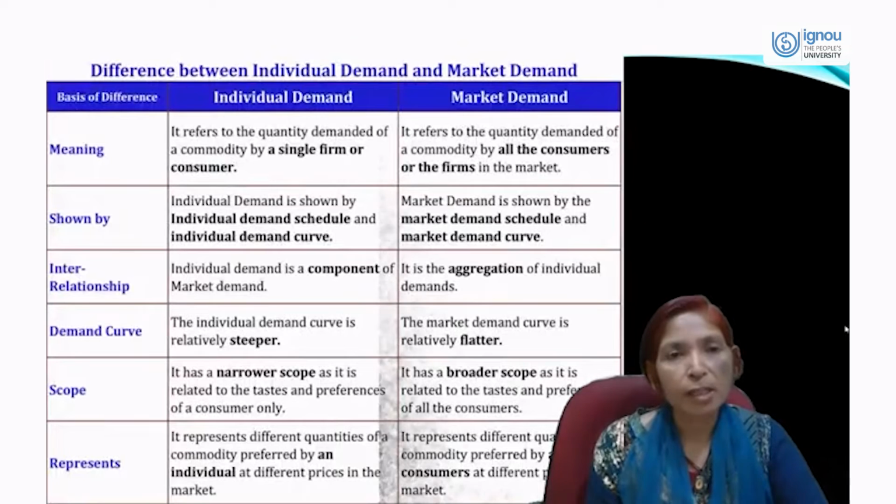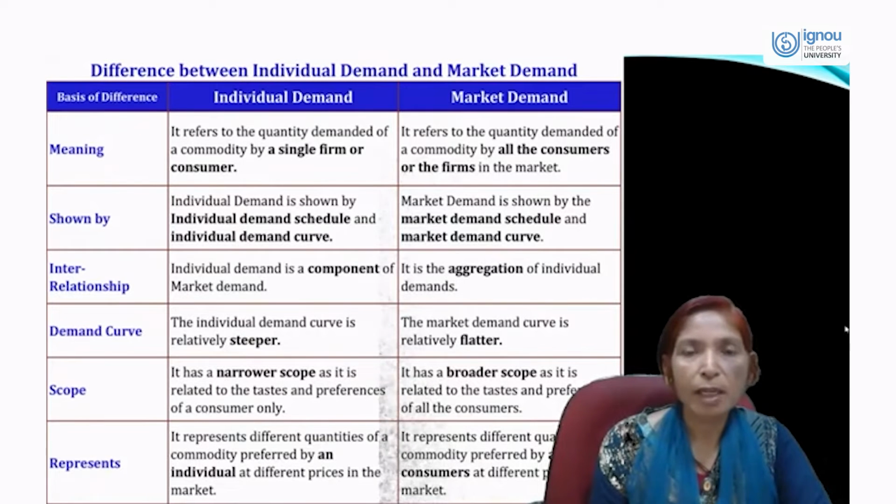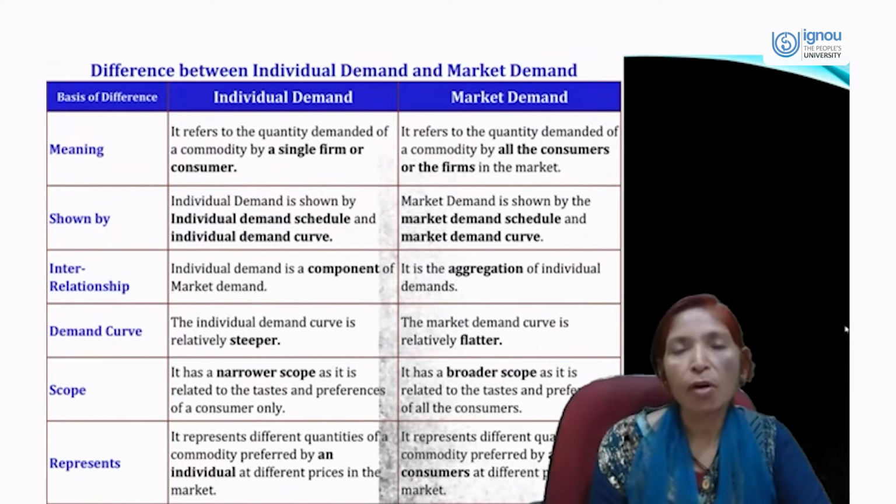Next is the difference between individual demand and market demand. What is the difference between these two concepts? As you know, individual demand is the demand for a commodity by an individual person, a single firm or a consumer, and market demand is the sum total of all the consumers' or firms' demand in the market.